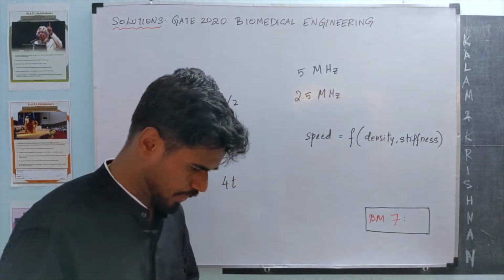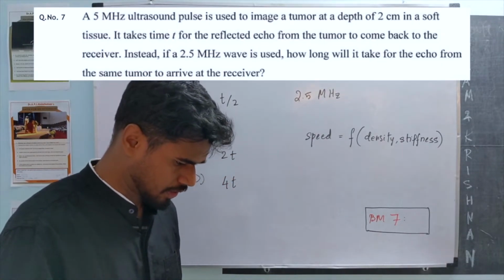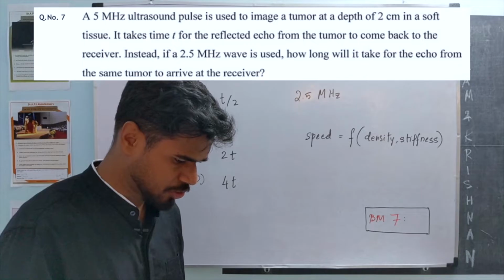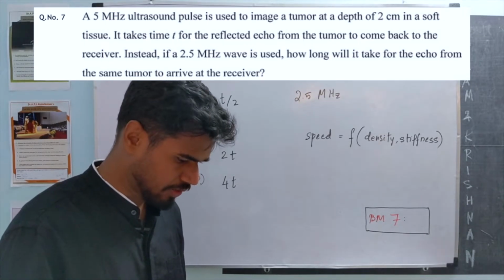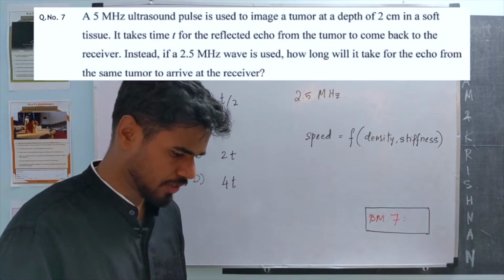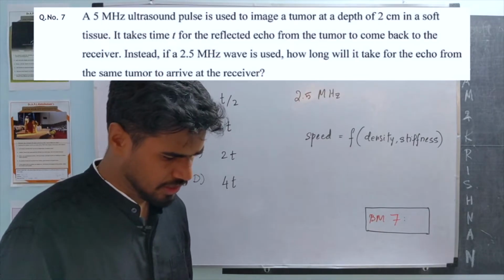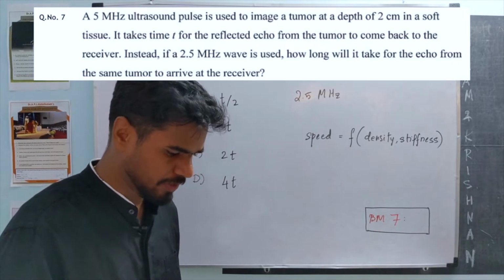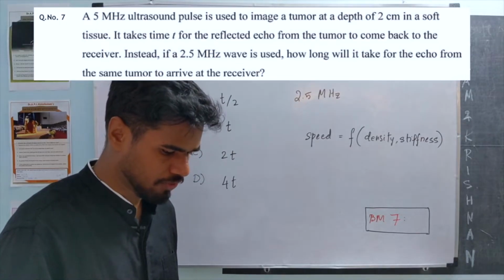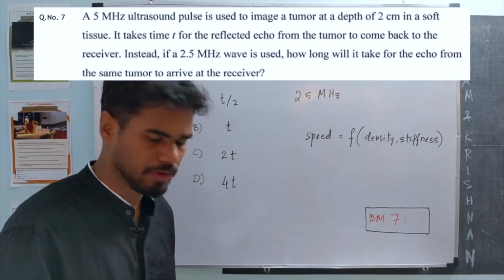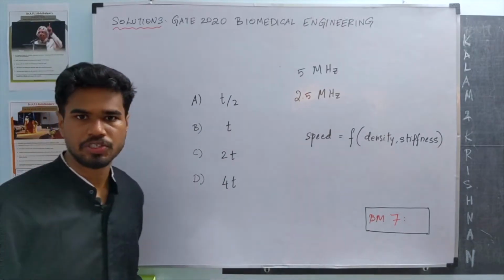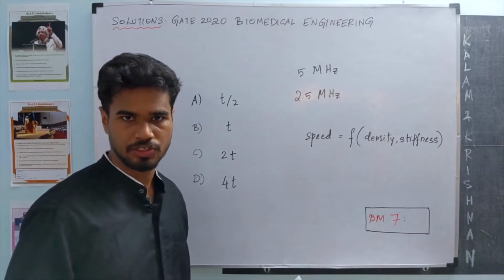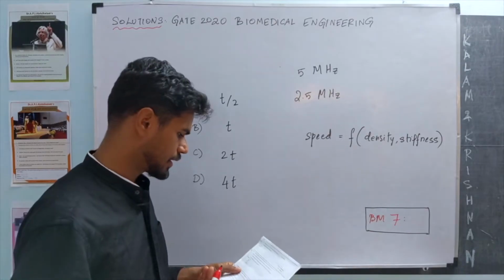Seventh question. A 5 MHz ultrasound pulse is used to image a tumor at a depth of 2 cm in soft tissue. It takes time t for the reflected echo from the tumor to come back to the receiver. Instead, if a 2.5 MHz wave is used, how long will it take for the echo from the same tumor to arrive at the receiver? Essentially, all the information given here is to distract you, right?